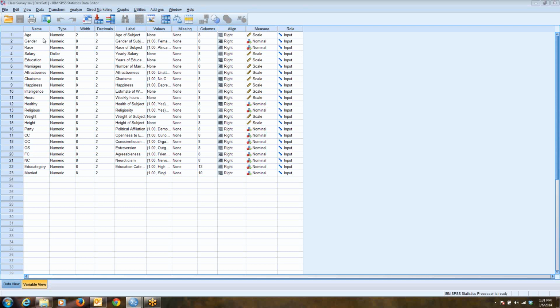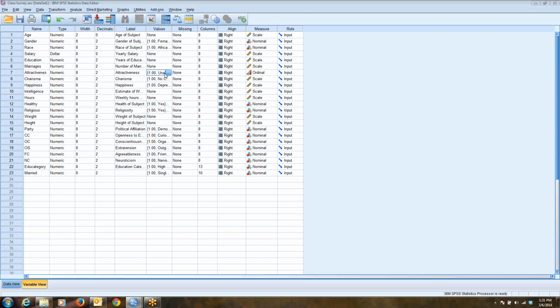So it was kind of off the cuff, and forgive me if it seems a little silly, but anyway, what I wanted was a variety of different kinds of data, and I have here age, gender, race, salary, education, number of marriages, attractiveness.